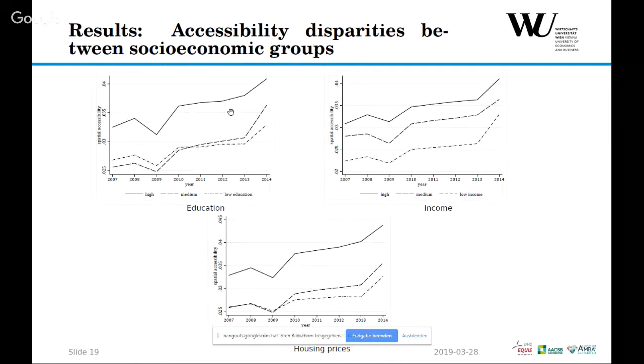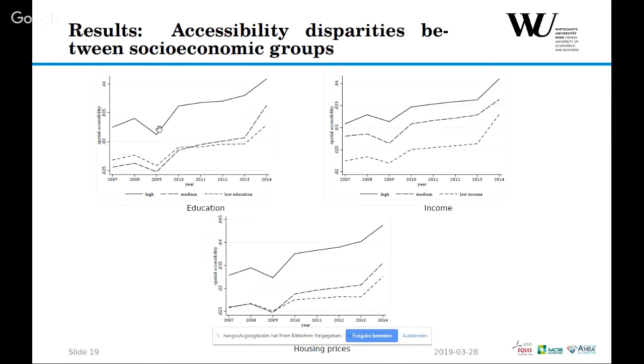Coming to the example for education, to explain, a good neighborhood is measured by a high share of highly educated people, which is depicted in a solid line. A medium share is a dashed line, and a low share of highly educated people is the dashed dotted line.